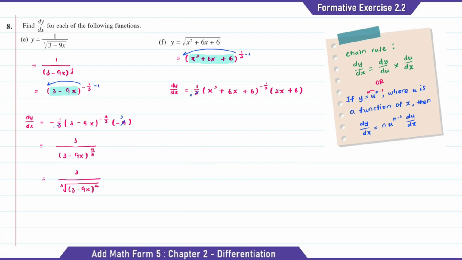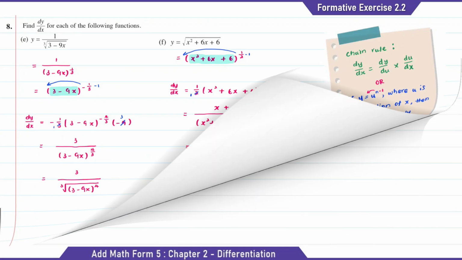So here we can simplify the 2 with the 2 here and the 6. This is equal to x plus 3 over x squared plus 6x plus 6 to the power of 1 over 2. This is also the same as x plus 3 over the square root of x squared plus 6x plus 6.